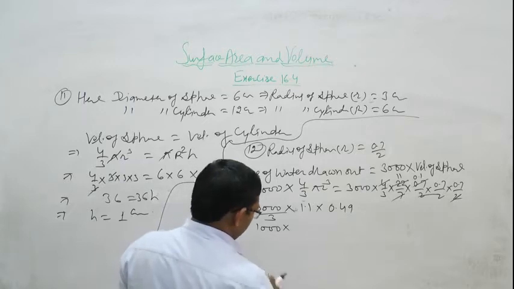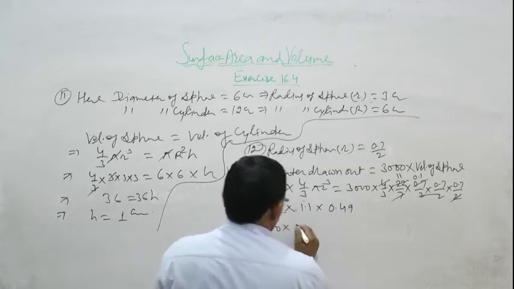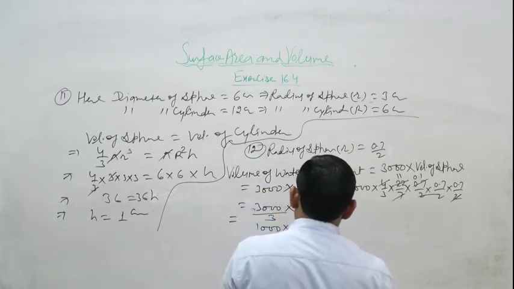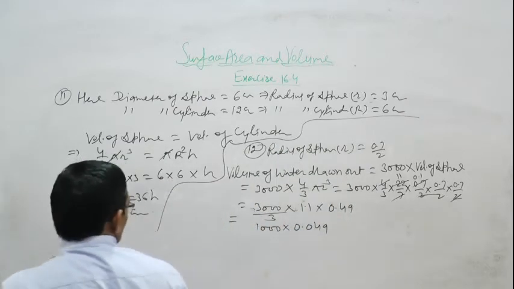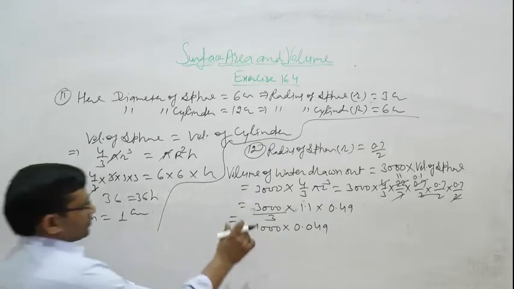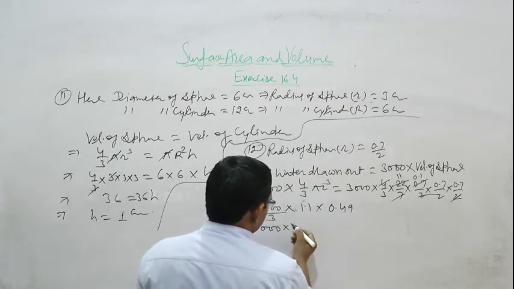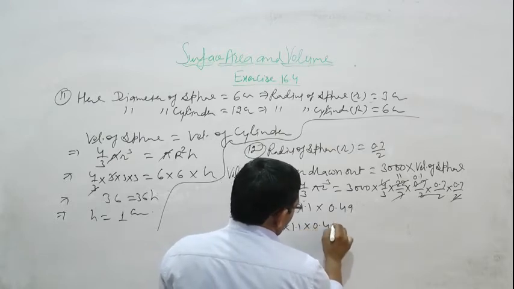3000 divided by 3 means 1000. So 1000 multiplied by 1.1 multiplied by 0.49.